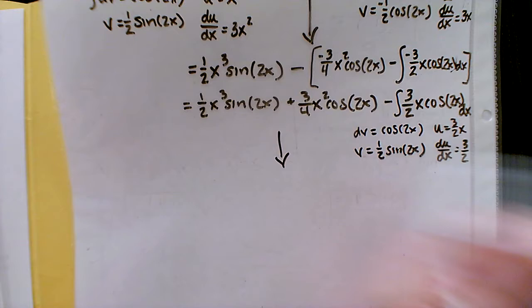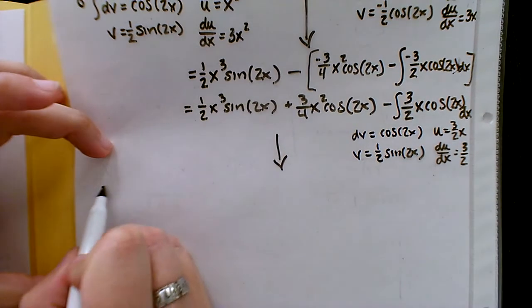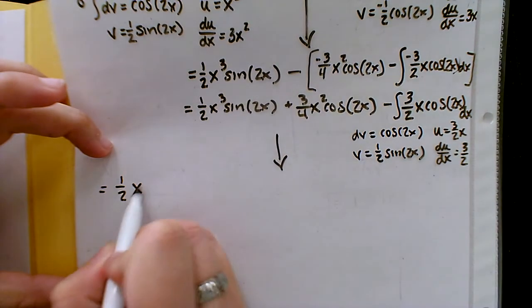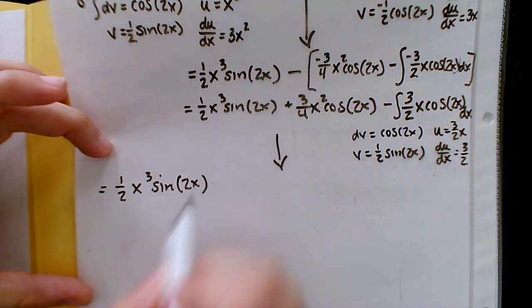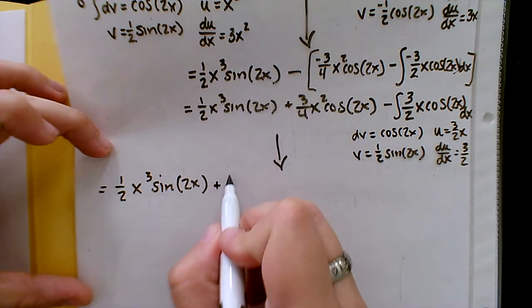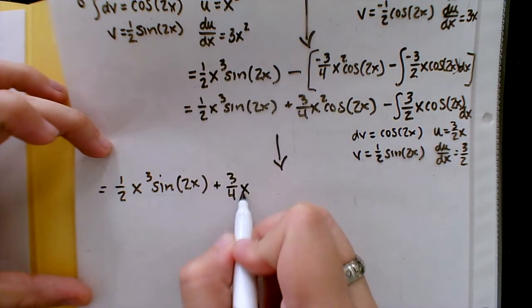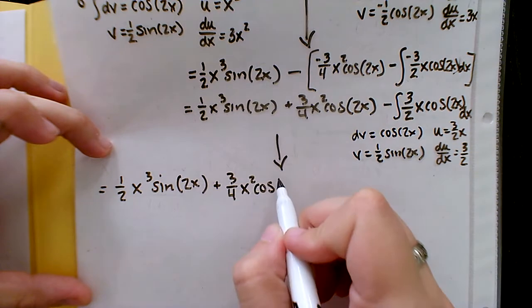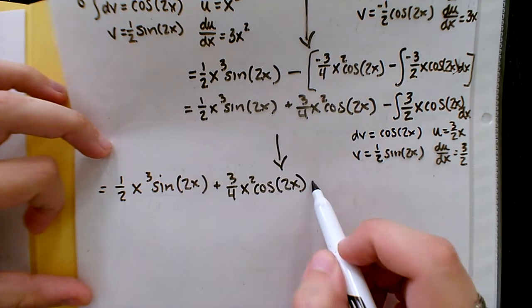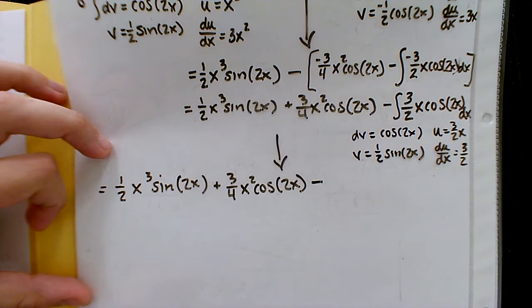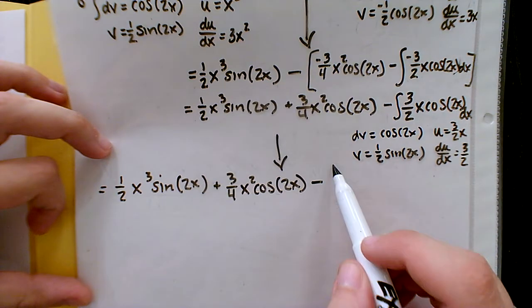All right, so let's keep it all organized. Bring down the original u times v from the first by parts. We'll bring down the next u times v from the second by parts we did. And we need to subtract the integral, which we are doing by parts a third time.